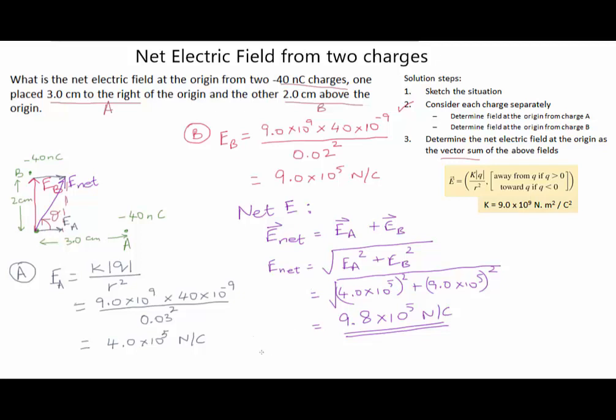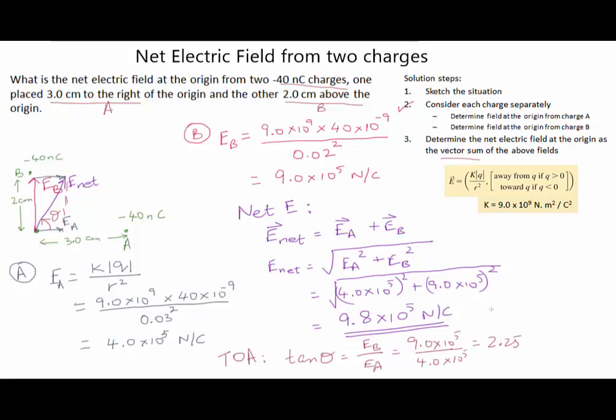So using my SOHCAHTOA, in this case TOA is the relevant one since I know the opposite and the adjacent, I get tangent of theta equals opposite of it, which is EB, divided by adjacent of it, which is EA, which is 9.0 times 10 to the 5 divided by 4.0 times 10 to the 5. The 10 to the 5s will cancel, and 9 divided by 4 is simply 2.25.